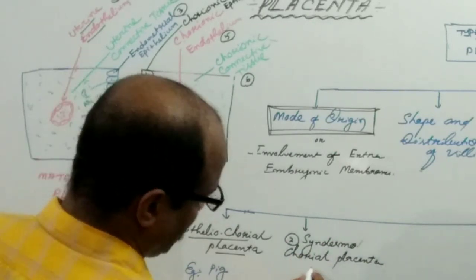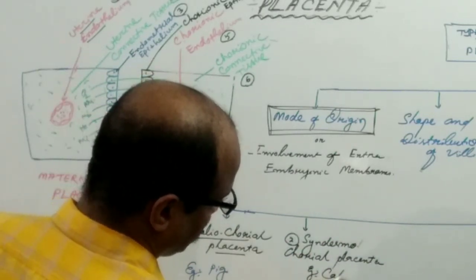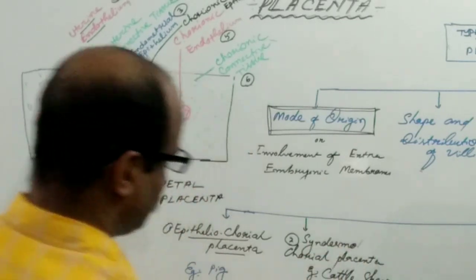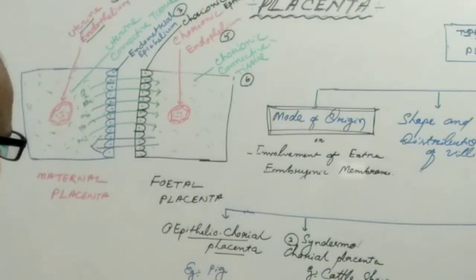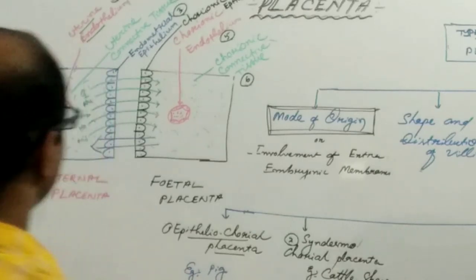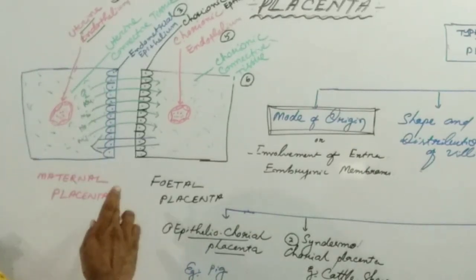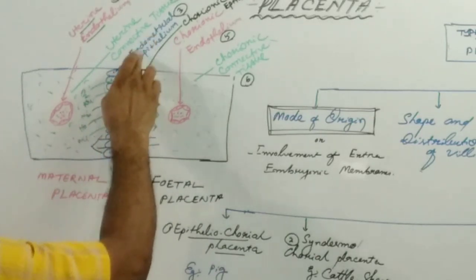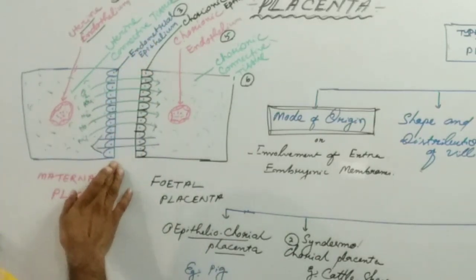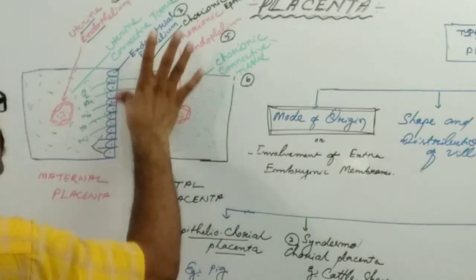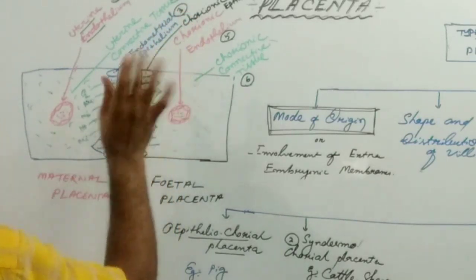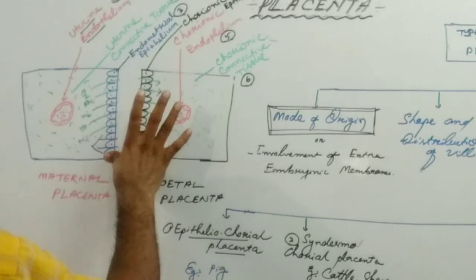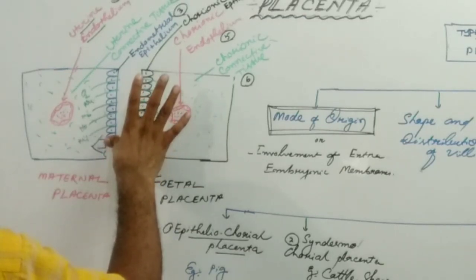This type of placenta is found in cattle, in sheep, etc. In syndesmochorial placenta, there is breakdown or destruction of the endometrial epithelium.